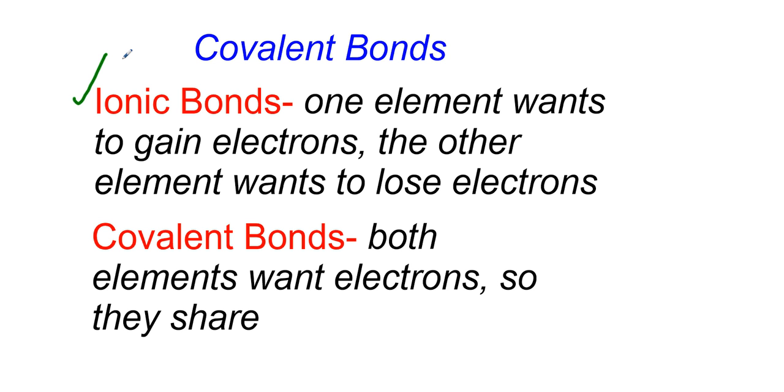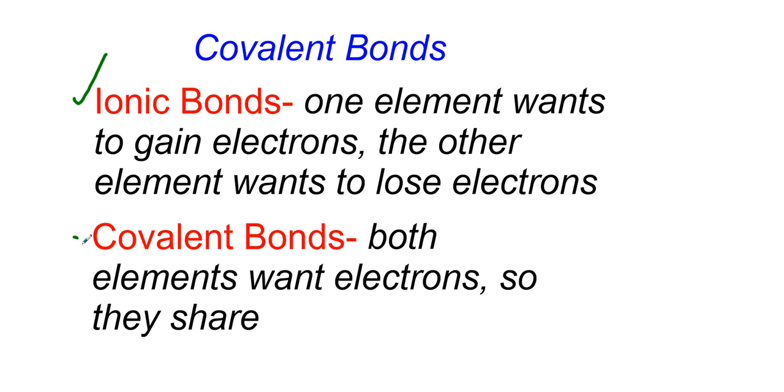For example, in sodium chloride, sodium really wanted to lose an electron, chloride really wanted to gain one. And we talked about this in terms of our octet rule by either an atom wanting to get to 8 to look like a noble gas, or wanting to get to 0, losing, to look like a noble gas. So if you look at the periodic table, this sort of makes sense. So if they gain or lose, we call this an ionic bond.